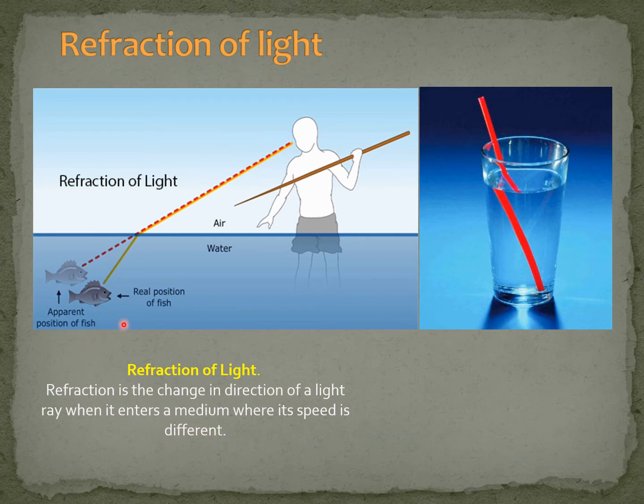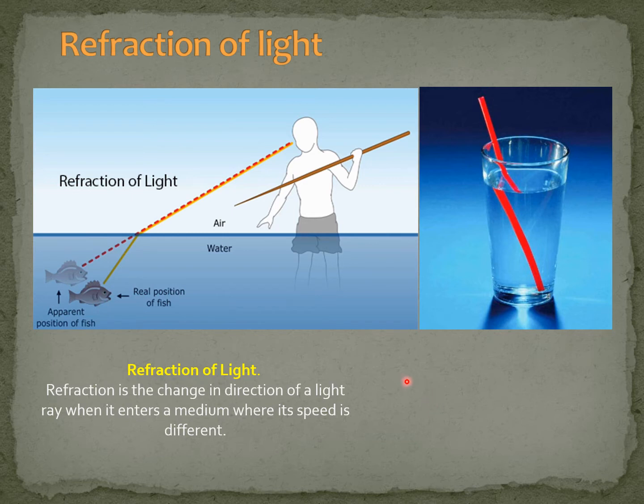As an example, the light reflected from this fish moves through water, and when it reaches the boundary between water and air, it will be refracted at a certain angle. So the fisherman will have the perception that the fish is at this position, while in fact the real position of the fish is a different one.